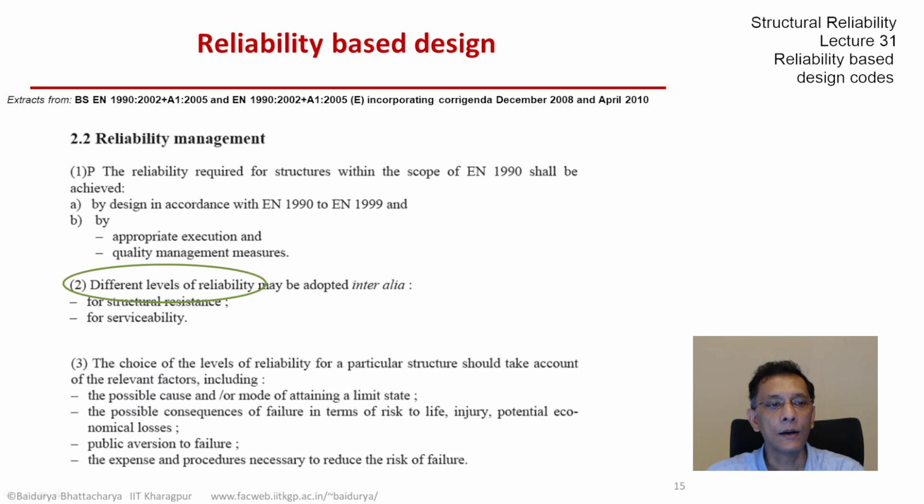So depending on the consequence, these target reliabilities should change or should be made different. So that is also spelled out very clearly. So far we have understood that the design has to be reliability based. Different consequences must have their respective acceptable reliabilities.